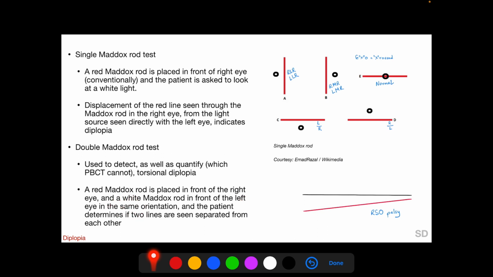And then we ask the patient what he or she perceives. In a superior oblique palsy, which we often encounter in the clinic, the patient will describe that the image of the object seen with the eye with the palsied muscle will be oblique and below the image seen by the eye with the normal muscle.